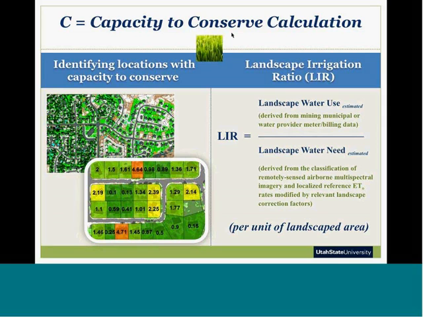This LIR then is calculated per unit of landscaped area. And so obviously a LIR of 1 would mean that they're watering to meet plant need. A landscape irrigation ratio of 3 would indicate that they're watering 3 times as much as their plants probably need.